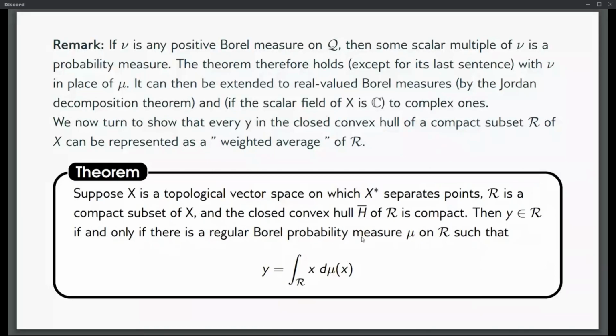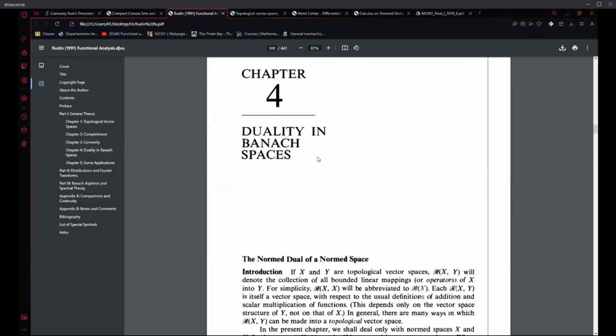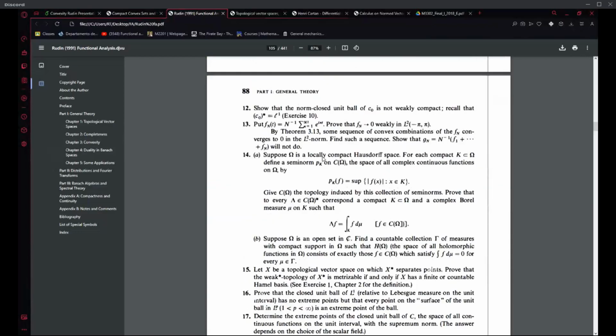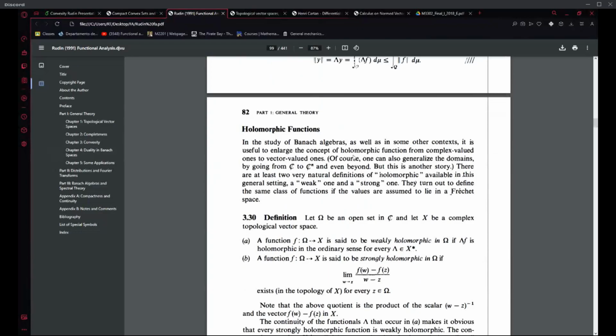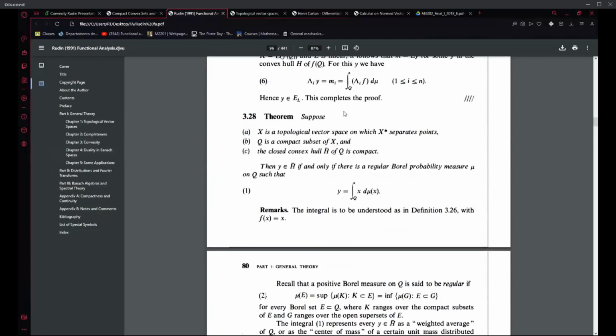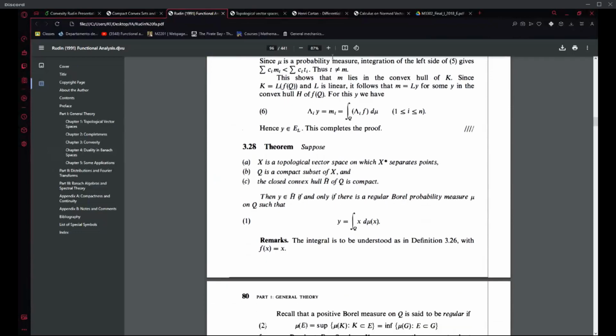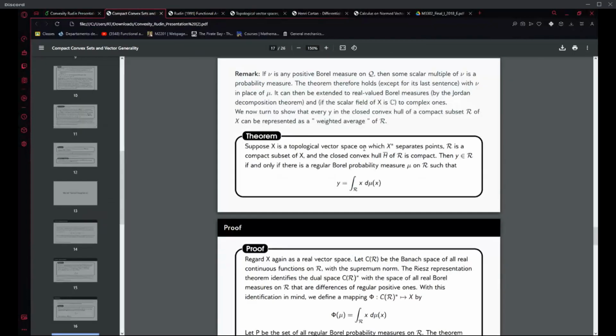Wait, just give me a sec. I think this is supposed to be y in H bar. It's mistaken. Unless I'm going crazy, I remember it being in. Just to be sure I'm not missing the condition. Yeah, if it's in the closed convex hull, so I made a mistake here.